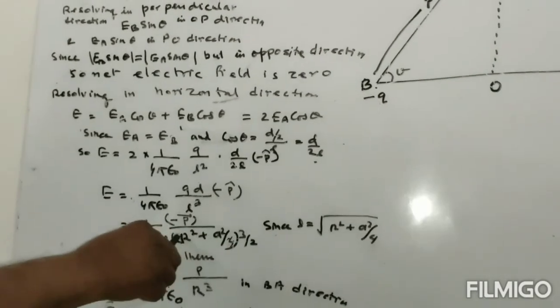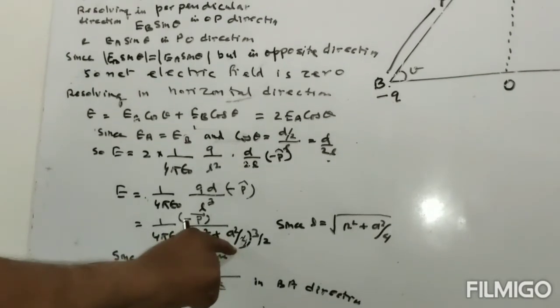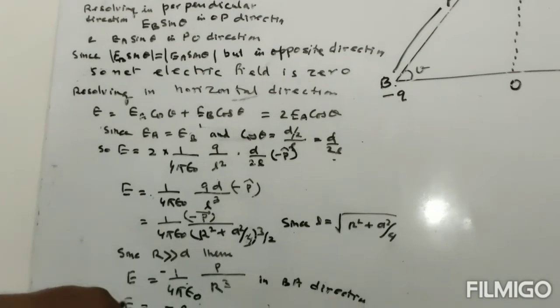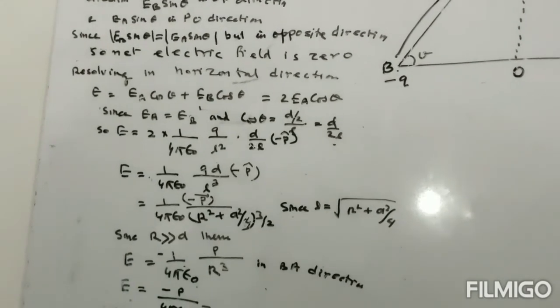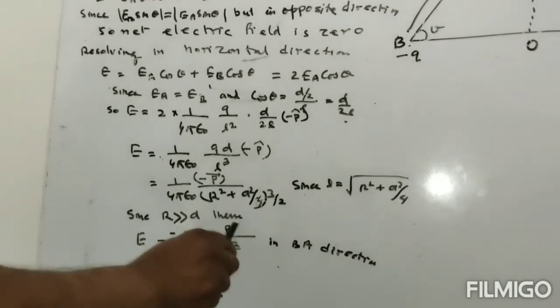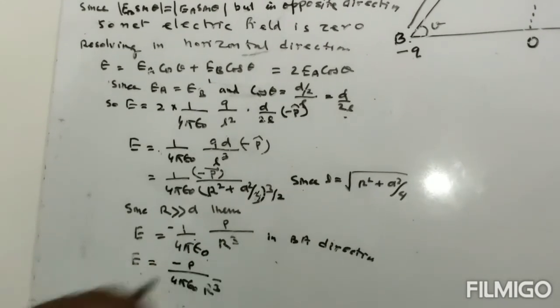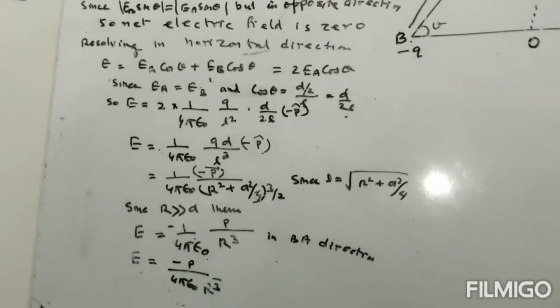And since D is much lesser than R, we can write electrical field will be equal to 1 by 4 pi epsilon 0 times P divided by R cube.